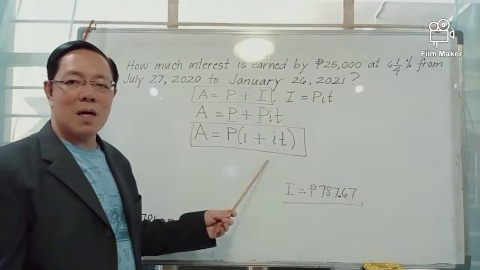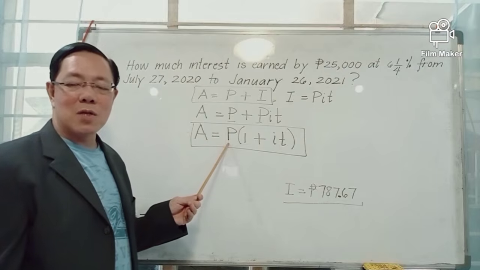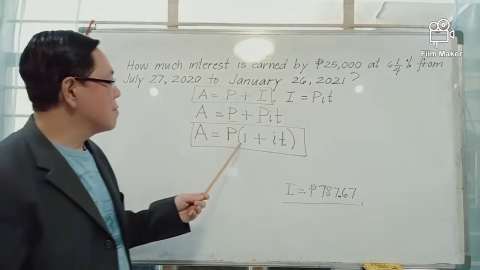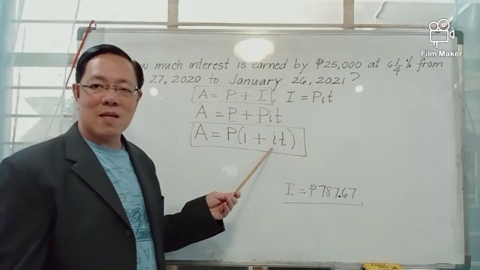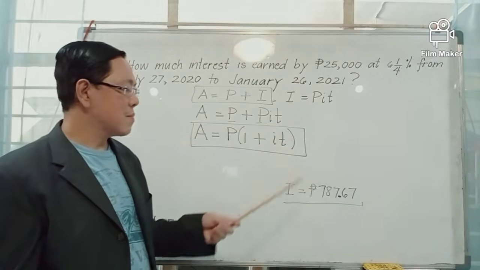Using this formula, you simply substitute the principal or original amount borrowed, the simple interest rate in decimal number, and the time in years.